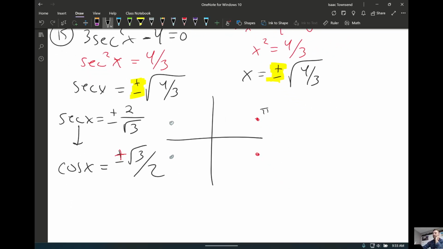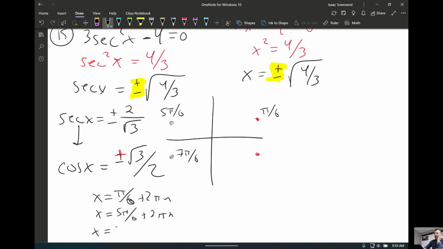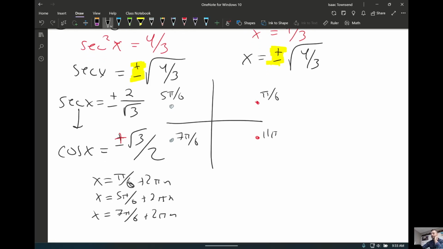So you could name this location plus 2 pi n to get the coterminal answers. Name this one 5 pi over 6 plus 2 pi n. Name this one 7 pi over 6 plus 2 pi n. And you could name this one 11 pi over 6 plus 2 pi n.